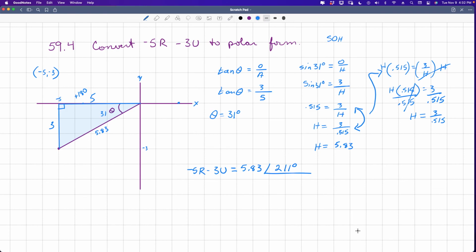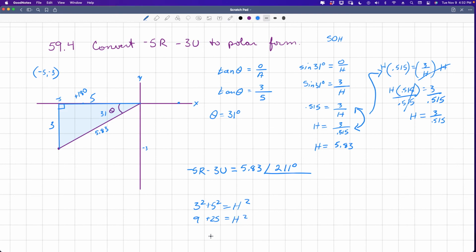Maybe not. All right. Anyway, if we used Pythagoras' theorem, we could also come up with a number here. We could have used 3 and 5, and we could have said 3 squared plus 5 squared equals h squared. That would have been 9 plus 25 equals h squared.